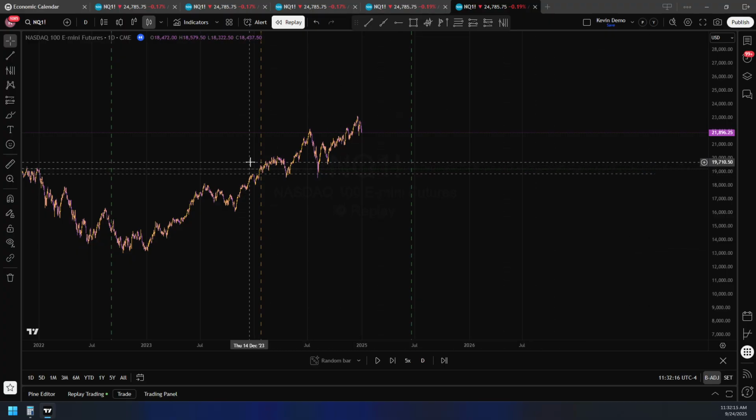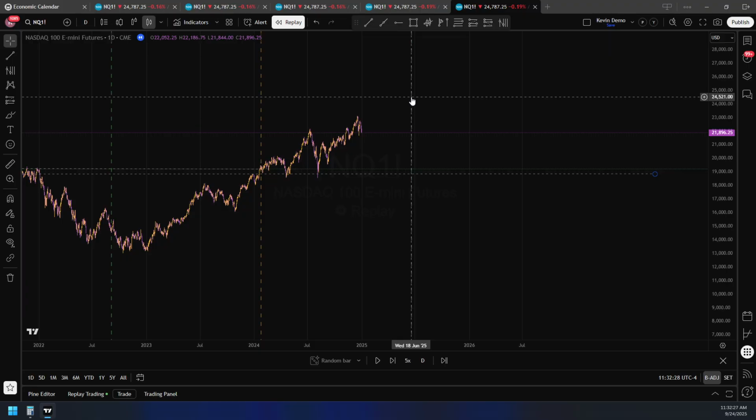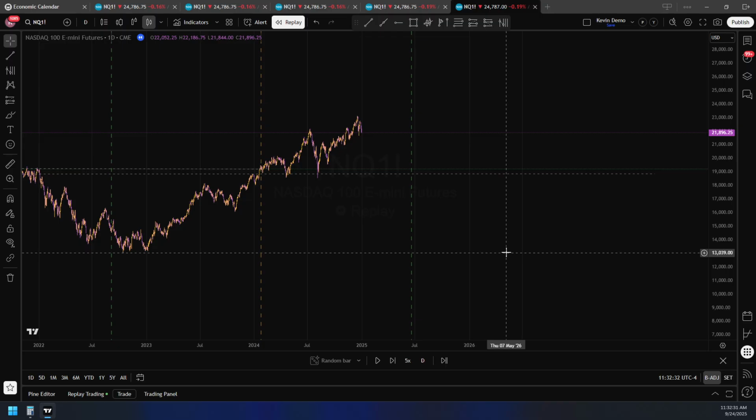Oh yeah. At a higher context, this is a manipulation. So this upward manipulation would be signaling that in June 2025 there'll be some downward activity or something.